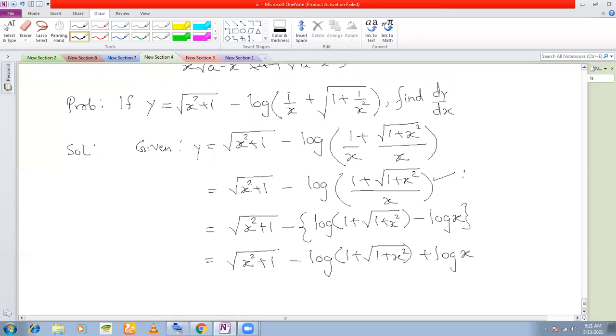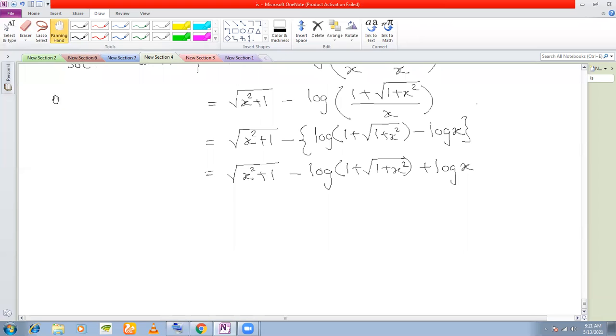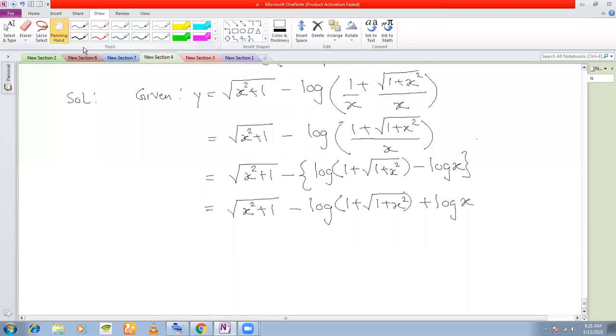But if I write it as log m minus log n, then I don't have to use the u by v. That is why I have simplified this. Understood? So it's always better to avoid the u by v rule as much as possible, unless you are compelled to use it, because there are chances that you may make mistakes when sums as big as these are given.